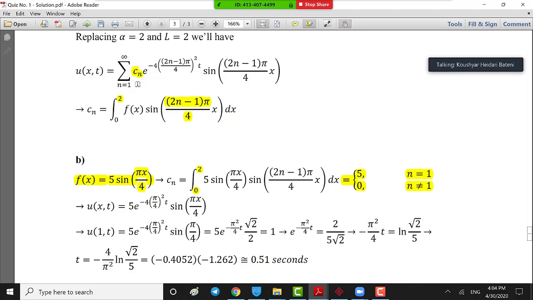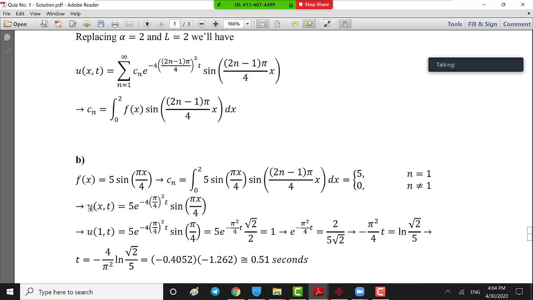So u of x and t is equal to C1, which is 5, times e to the minus 4 times (2 times 1 minus 1) pi over 4 to the 2, which is pi over 4 to the 2, times t, times sine of (2 times 1 minus 1) pi times x, which is sine of pi over 4x. Right? So u of x and t is equal to this.